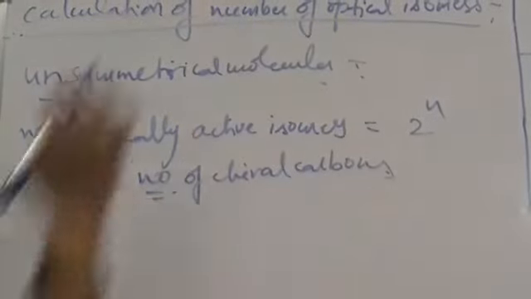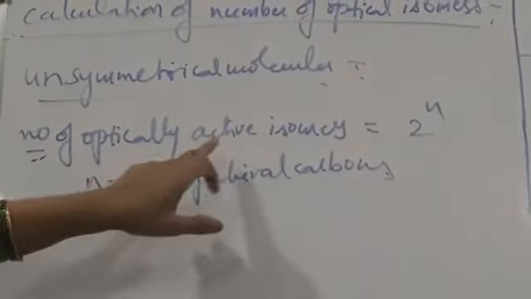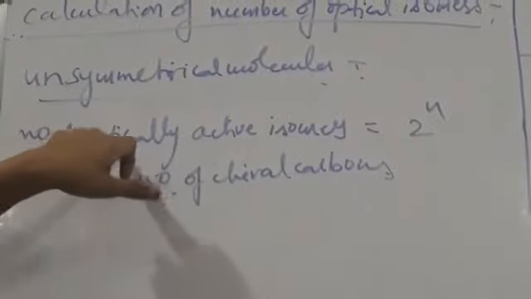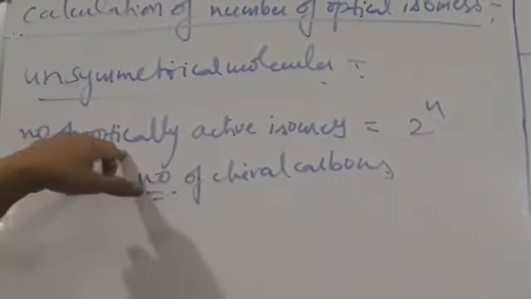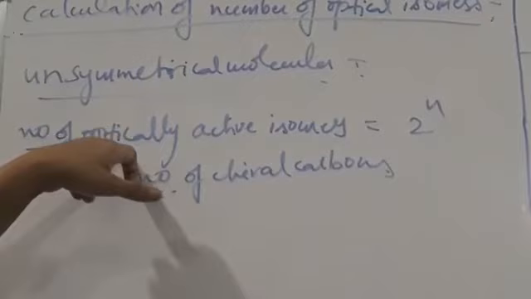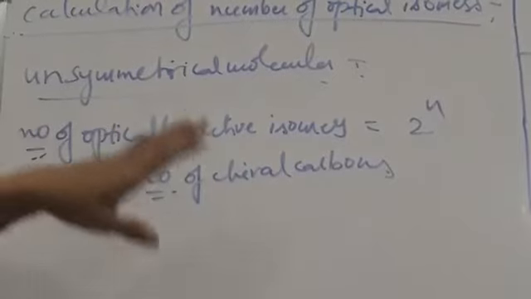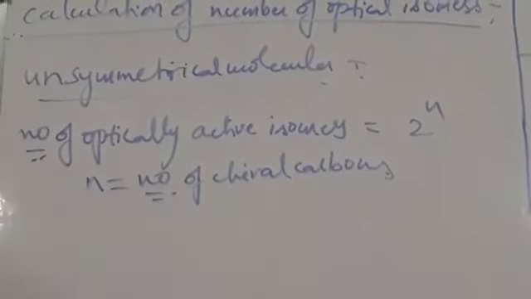Okay. So this is for unsymmetrical molecules, calculation of optically active isomers. Then coming to meso compounds. Meso compounds for unsymmetrical molecules are always 0.